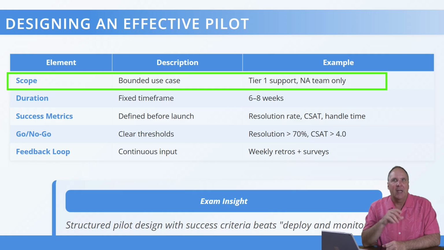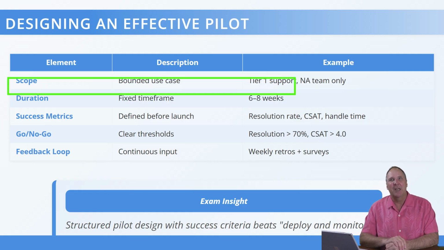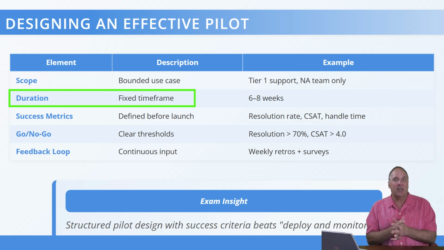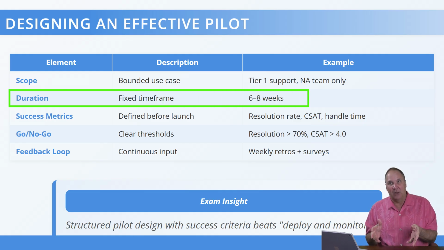Something more like handle password reset and account status inquiries for the North American support team. Very specific. Second, duration. Set a time frame. Like 6 to 8 weeks is typical. Long enough to get meaningful data, but short enough to maintain that urgency.